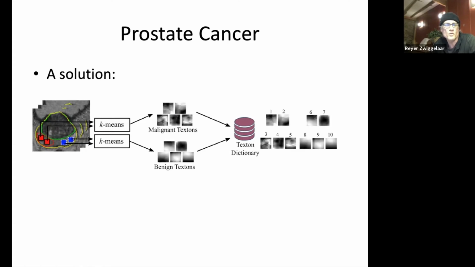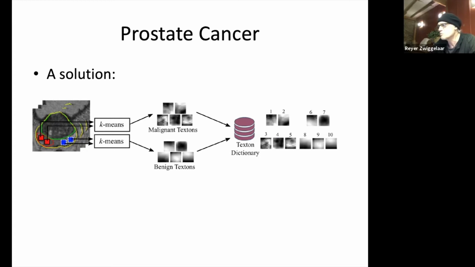Effectively, we provided examples of benign and malignant tissue within certain areas of the prostate, and we built a library of that, or dictionary of that. Then you can feed in new samples, and the new sample is either close to a benign case or a malignant Texton, and then it's classified.